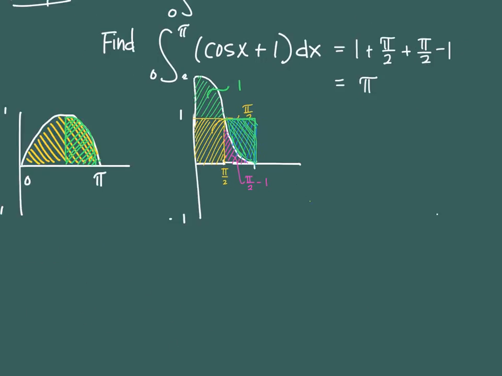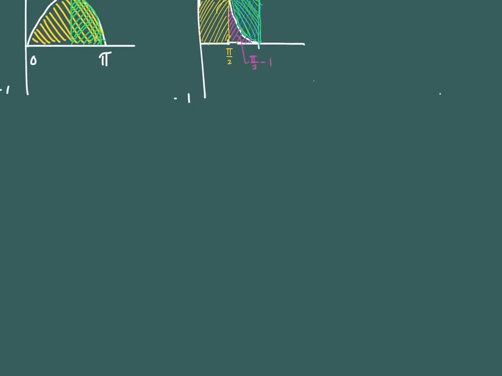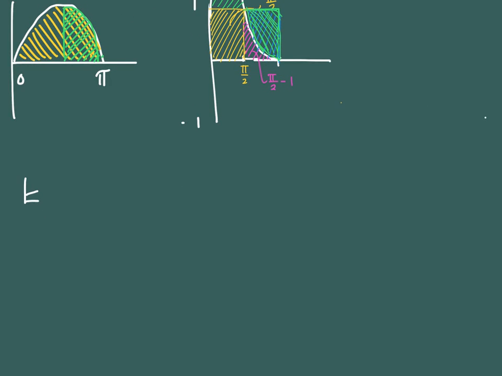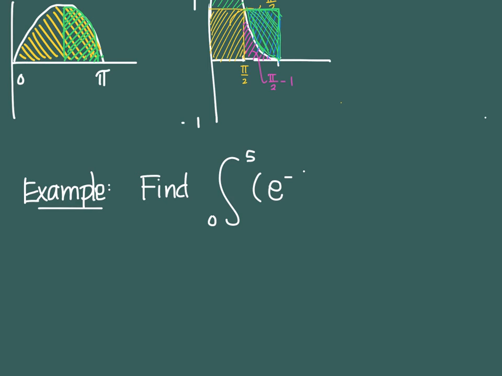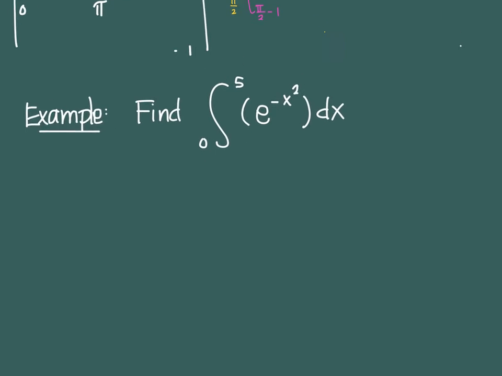Okay, last one. Find the area starting at 0, ending at the number 5, of the function e to the negative x squared above the x-axis.